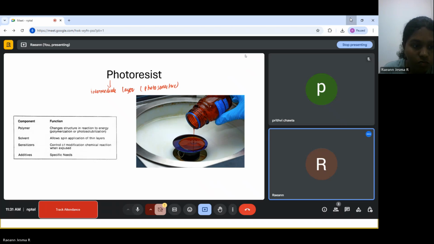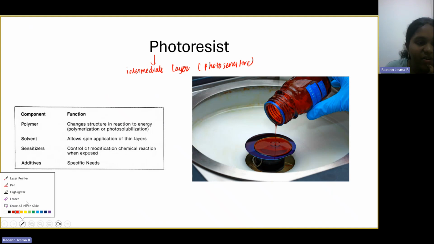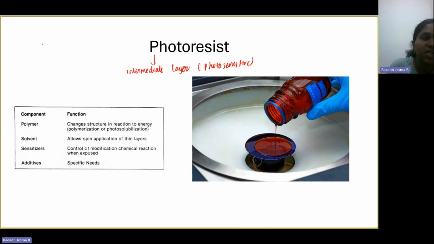We have seen one method where we have grown oxide on the silicon surface. If you want to make patterns on your substrate, then we need some kind of intermediate layer which can be used to transfer patterns. This intermediate layer is a photoresist. It is photosensitive, and this is how it looks.